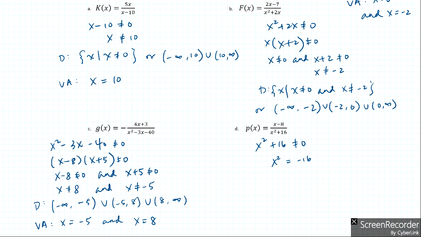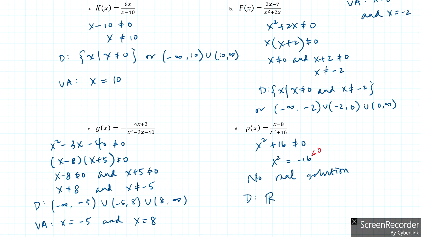So if this negative 16 is less than 0 over here, we know this is impossible to have a real solution. So we can say there's no real solution for this, or a real number solution is what we really mean by no real solution. And in this case, we would say because of that, there's no domain restriction, or the domain can be all real numbers.